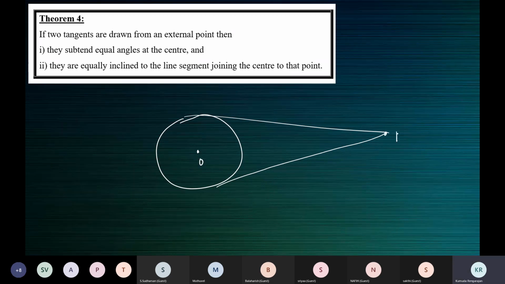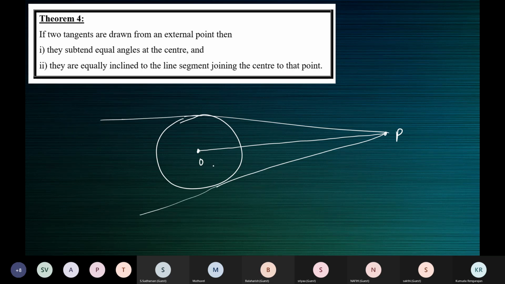This is that external point P. This is the line segment joining the center and the external point P. A point of contact, B point of contact. OA radius, OB radius through the points of contact.